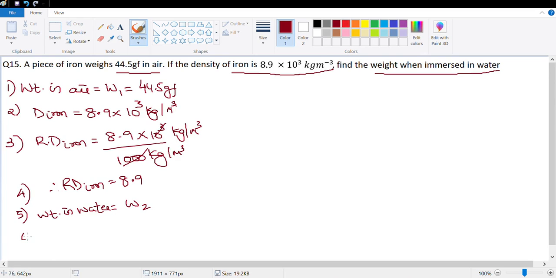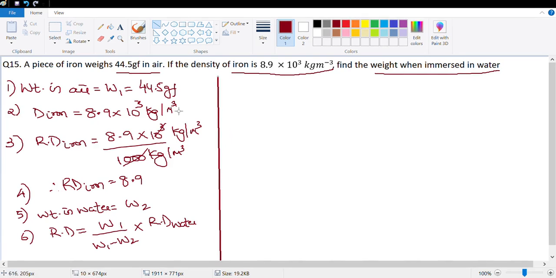So we know relative density is equal to W1 upon W1 minus W2 multiplied with the relative density of water. In this case, let's substitute values and see what we get. So relative density we just calculated as 8.9.